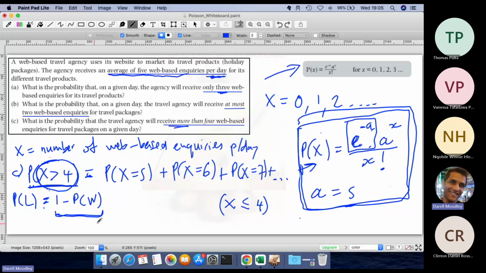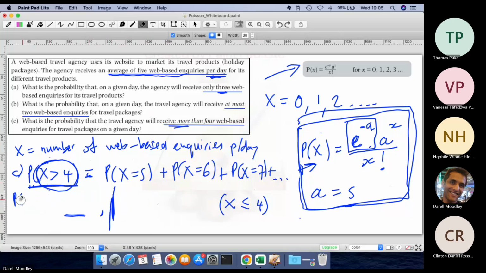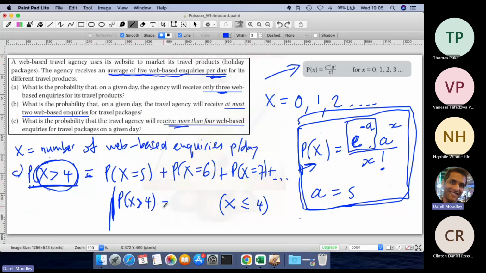So in other words, I can write the probability of x greater than 4 as 1 minus its opposite. That's it. And you may ask, why am I doing this? Why am I listing its opposite? The reason is that for the opposite, there is a finite number of occurrences.